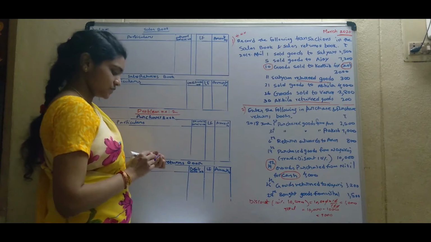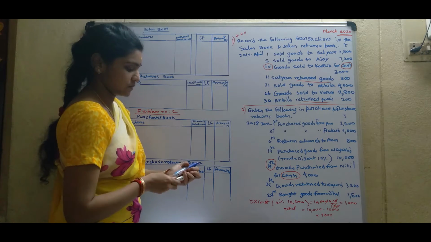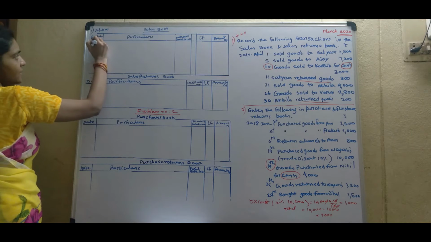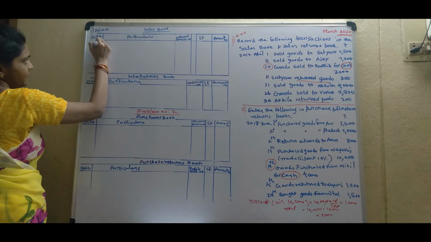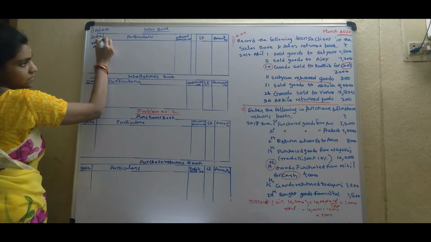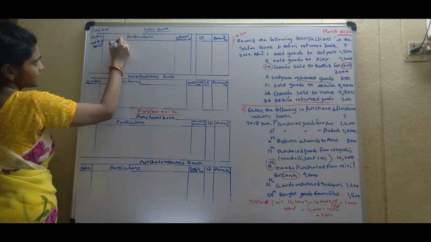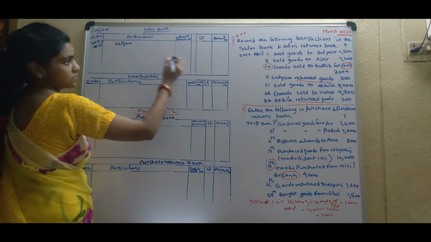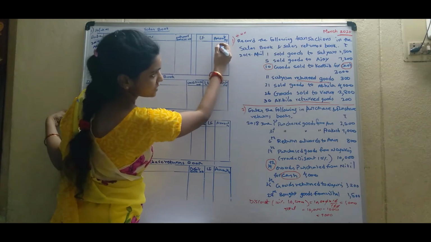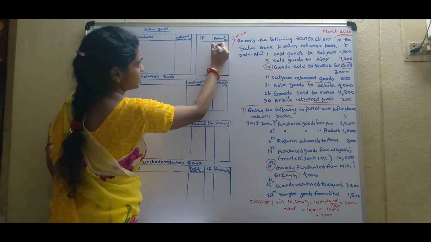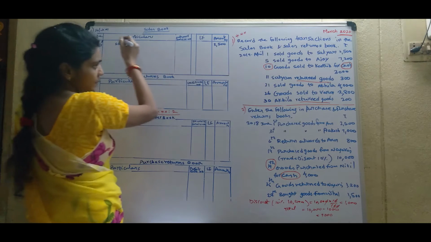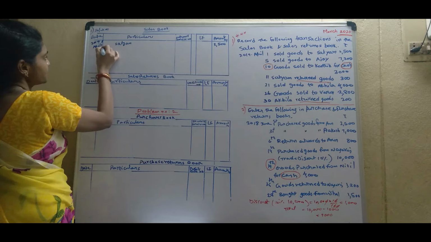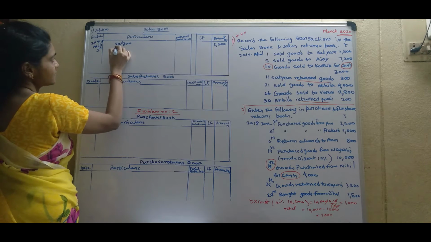Okay. Shall we start? Mention the date. April 1st. Goods sold to Satyam. What's the amount? Read out the amount. 2,500. And coming to the next, 5th. Ajay.